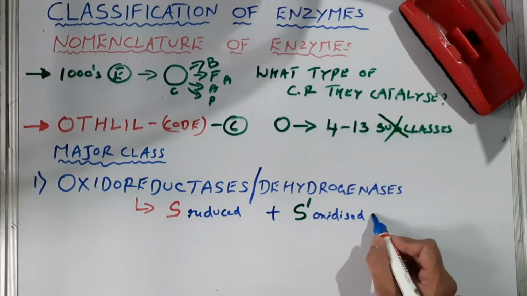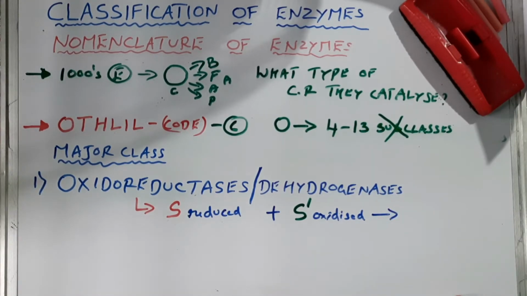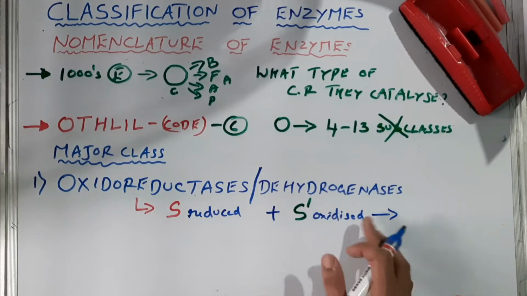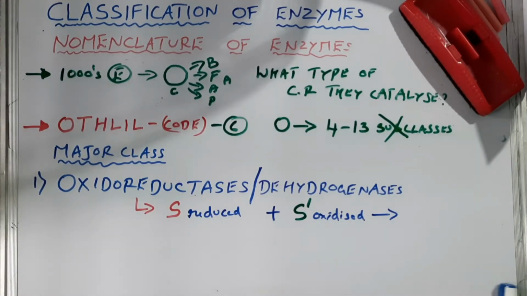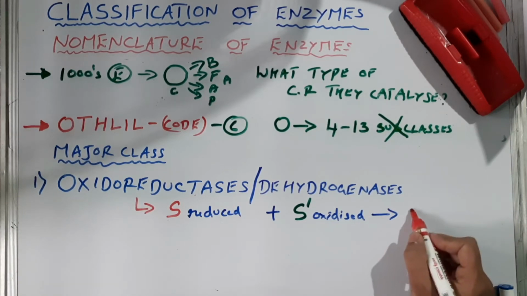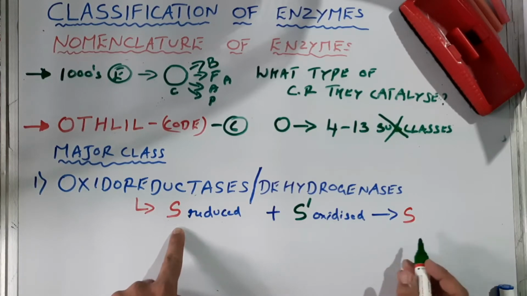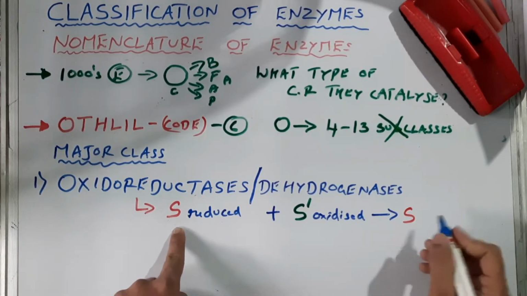Now what this particular enzyme does: if I add this enzyme, oxidoreductase, to this chemical reaction, it brings about a very different product. Earlier it was in reduced form, now it becomes oxidized.